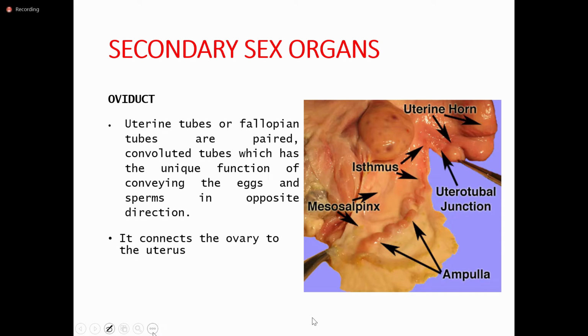Particularly, we have the junction between the isthmus and the ampullary, or the ampulla. So this is the isthmo-ampullary junction, the exact site of fertilization. It is a connector between the ovary and the uterus.